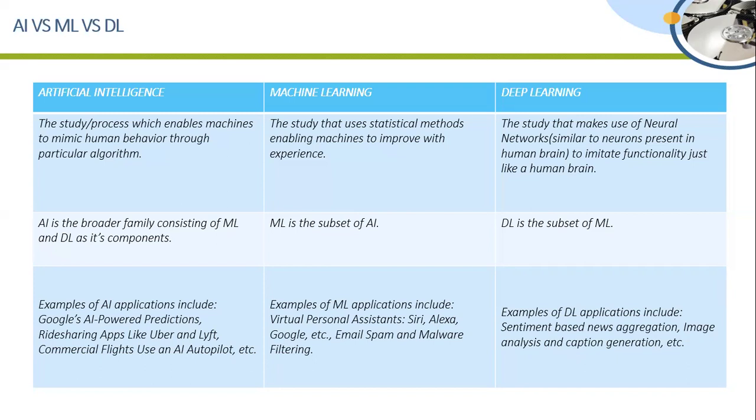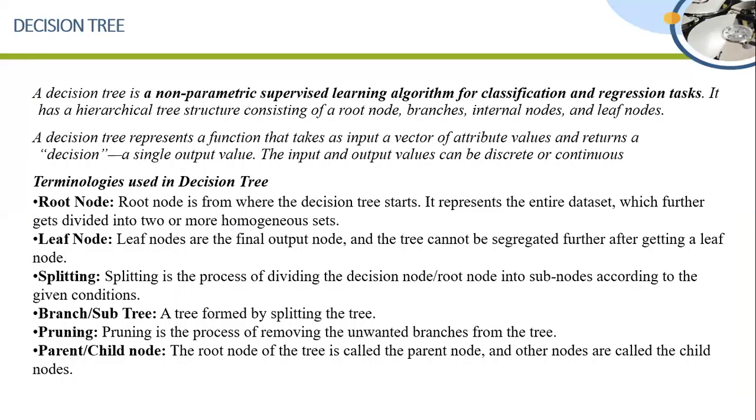For ML, examples are Siri and Alexa, spam detection in emails, and malware filtering. And for deep learning, we have sentiment based news aggregation, image analysis, automatic caption generation, and automatic code generation.